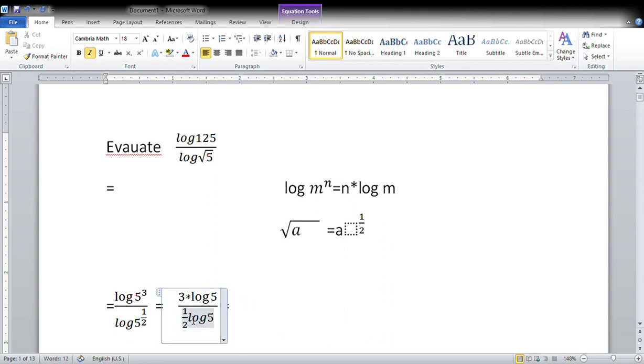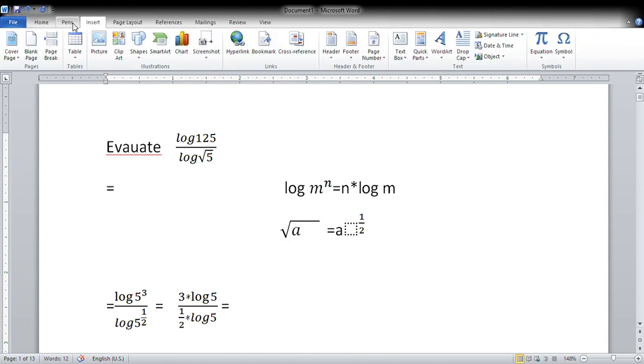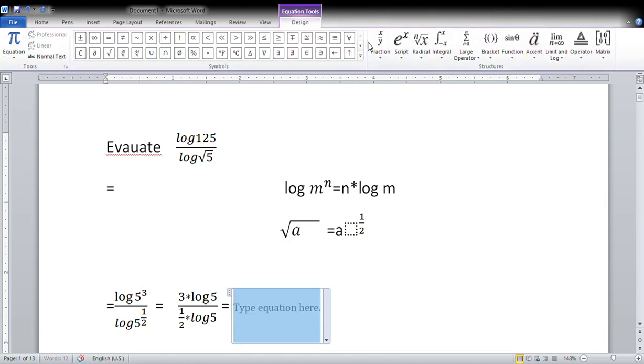So what is that? You have to make it multiply. The thing is that log 5 and log 5, you can cut it. So what is left for us? The numerator side is 3, and what is left in the denominator side? 1 by 2.